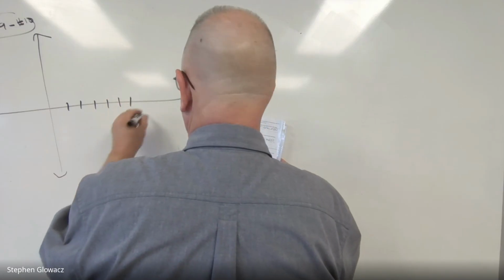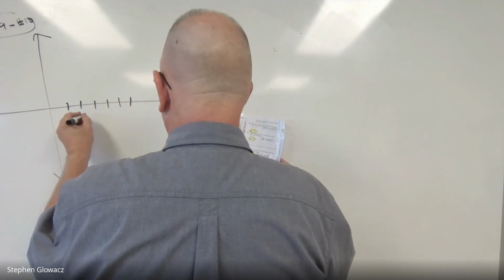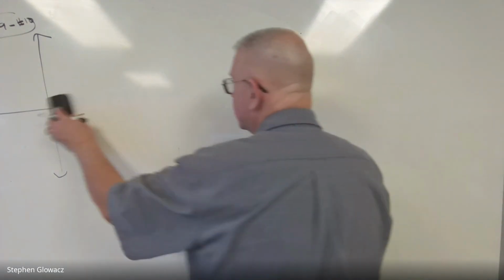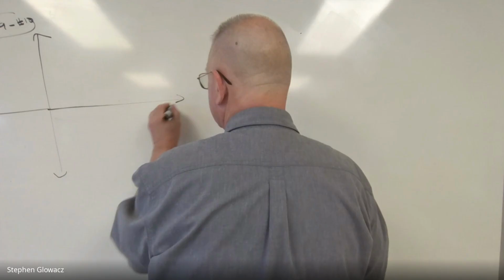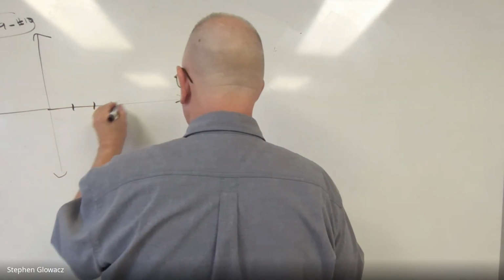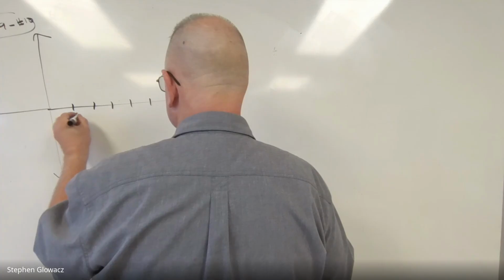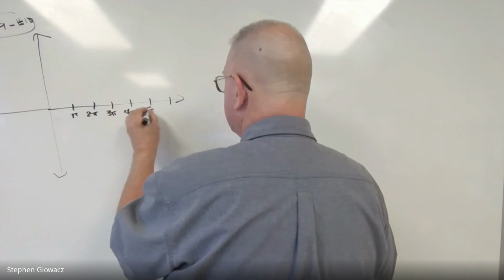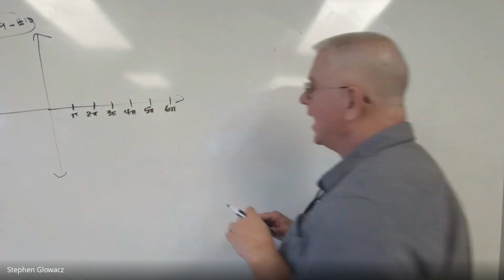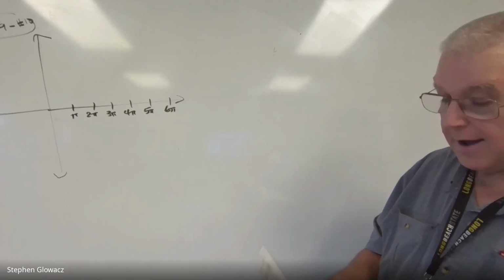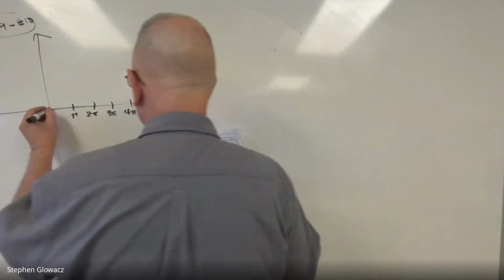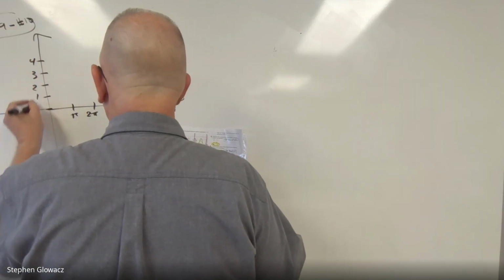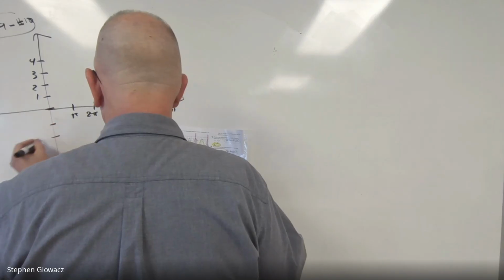So pi, 2 pi, and let's kind of stretch that out a little bit. So 3 pi, 4 pi, 5 pi, and 6 pi. And then we're going to go up to maybe 1, 2, 3, 4, and then down to 1, 2, 3, 4.